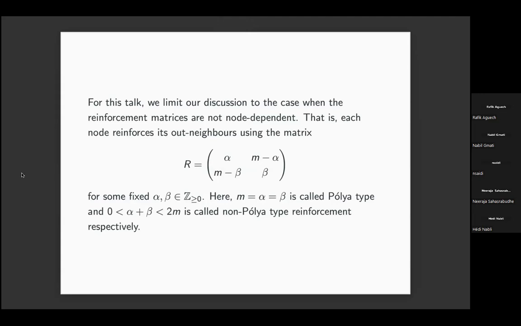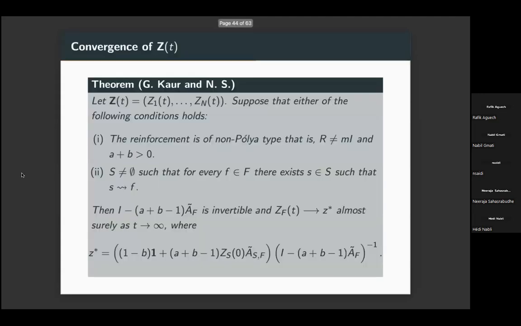Now I have to tell you what happens to the fraction of white balls as time goes to infinity. This is the result that says that under two conditions, you get a deterministic limit. Remember earlier cases when we saw polar type reinforcement, there was always a random limit.